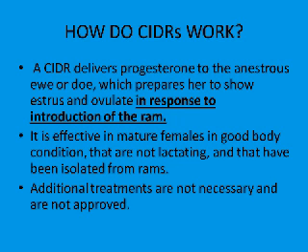So how do the seeders work? The seeders then deliver that progesterone from the silicone rubber to the anestrus ewe or doe, and that prepares her to show estrus and ovulate in response to the introduction of the ram. You notice I have that bold, and that's because the most powerful tool we're working with here is the introduction of the ram.